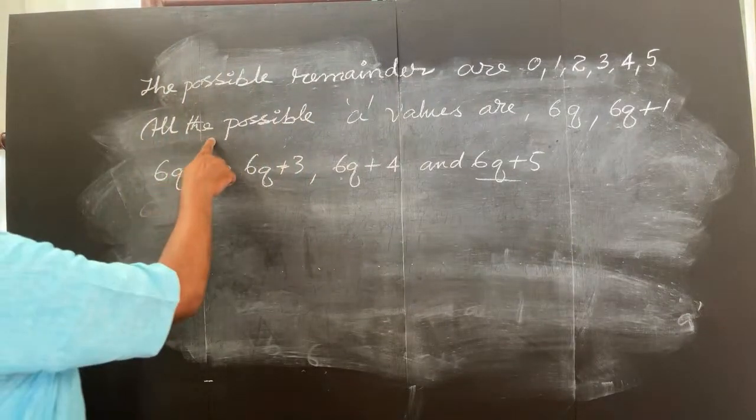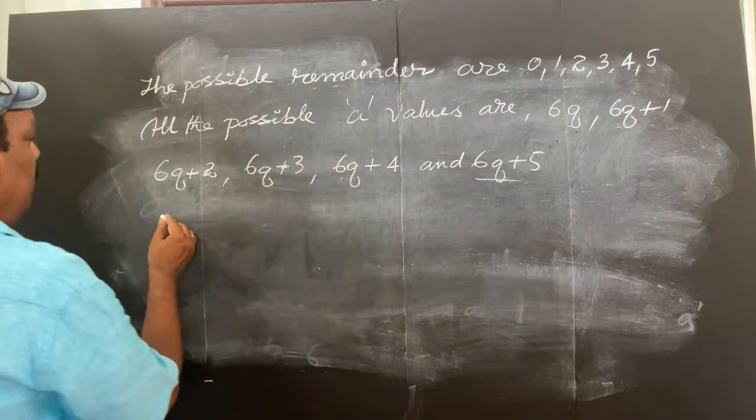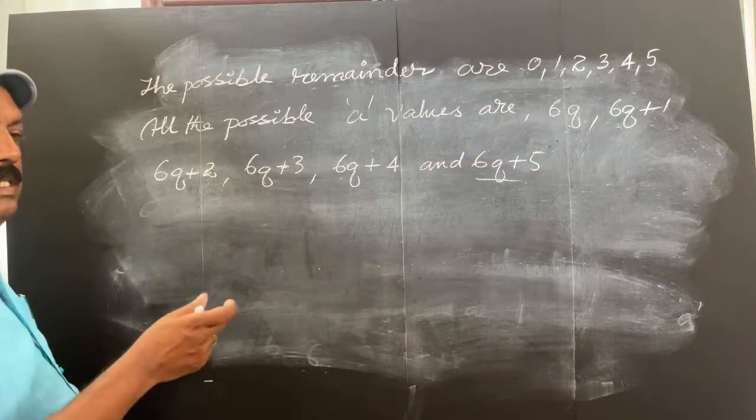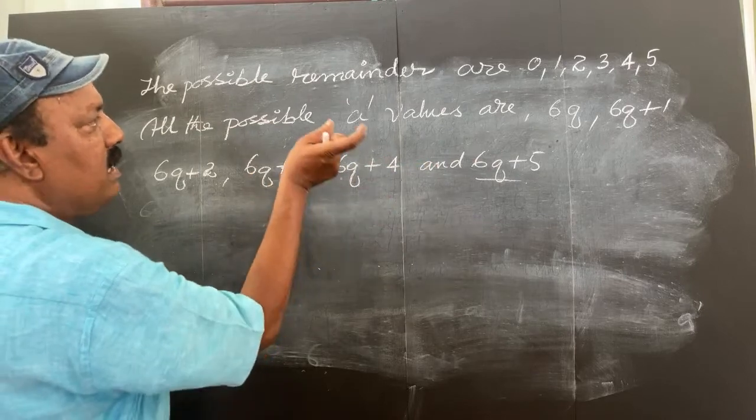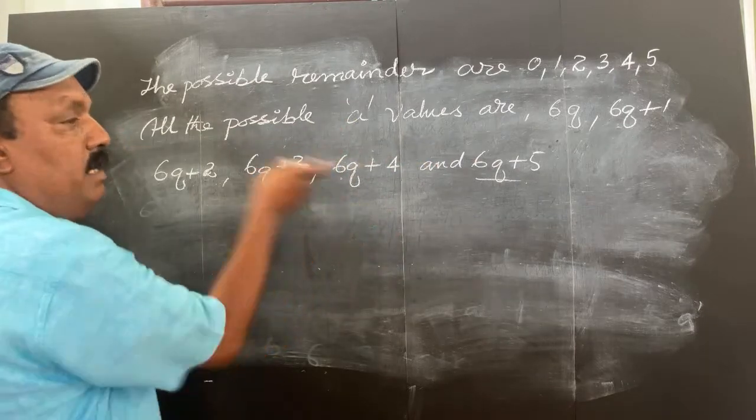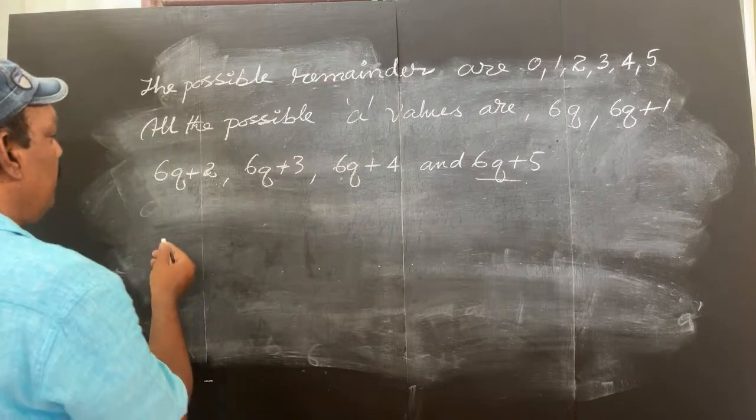Now all possible a values I gave here. Now which of these possible values can be a values and which can't be? These two steps are very important.